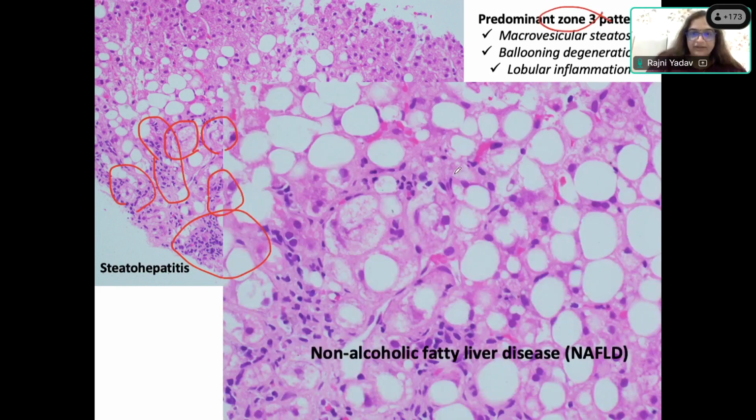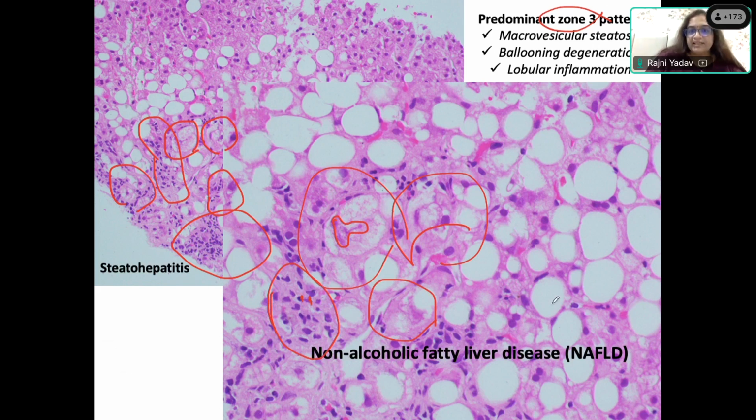Again, at the higher power, you can see all these ballooned hepatocytes beautifully. These are ballooned. And see, inside this ballooned hepatocyte, this kind of pink aggregate. This is an ill-formed Mallory hyaline body. And if you look at this inflammation, it is mostly lymphocytes and histiocytes.